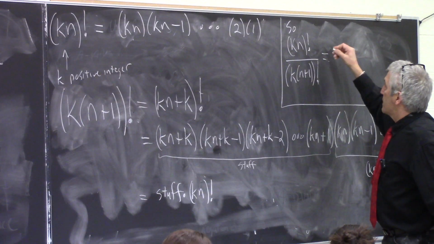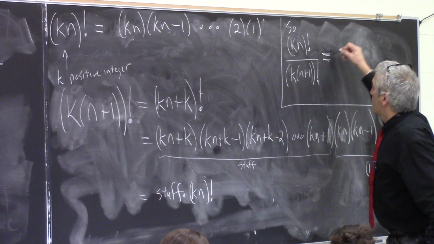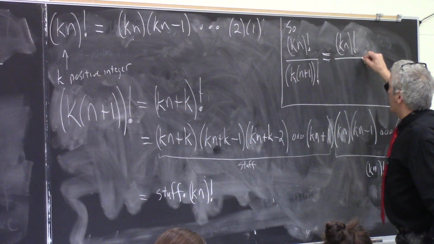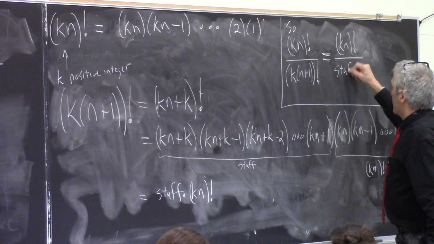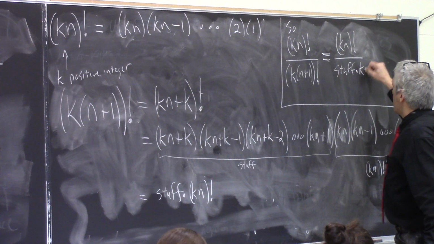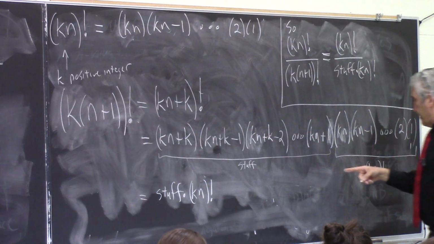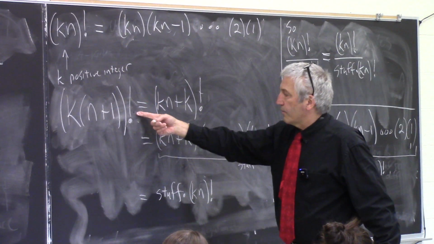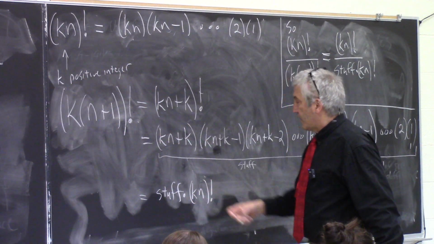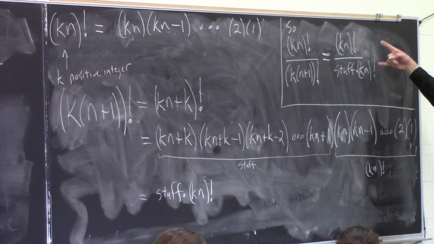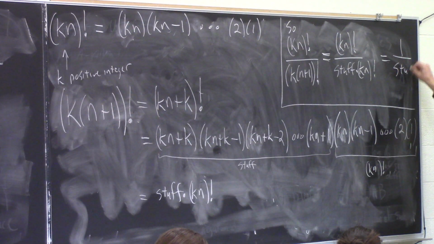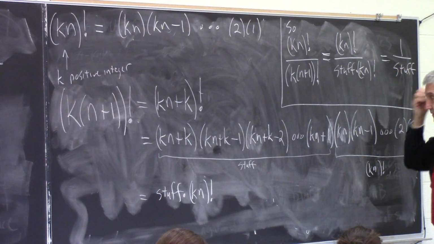So that's going to be kn factorial, and on the bottom I'm going to have stuff times kn factorial. This thing, k times n plus 1, that whole thing factorial equals that stuff times kn factorial. So realize the kn factorials cancel, and I just get 1 over stuff. So stuff, again, is this.